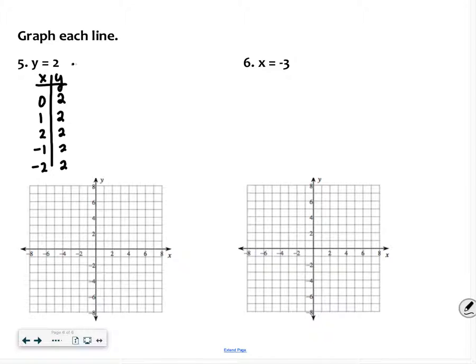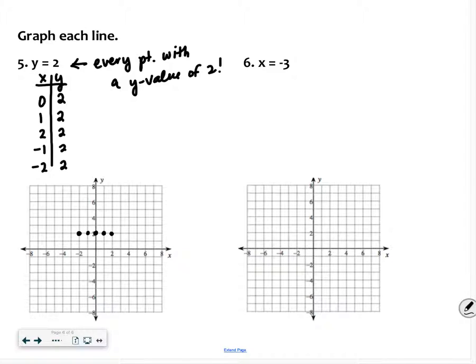So basically this is every point with a y value of 2. Okay, so every single point with a y value of 2. So I have the point 0, 2. I have the point 1, 2, 2, 2, negative 1, 2, negative 2, 2. I have any point with a y value of 2.